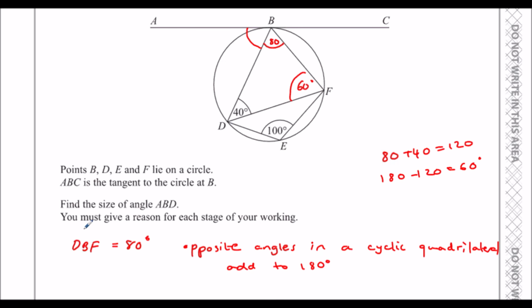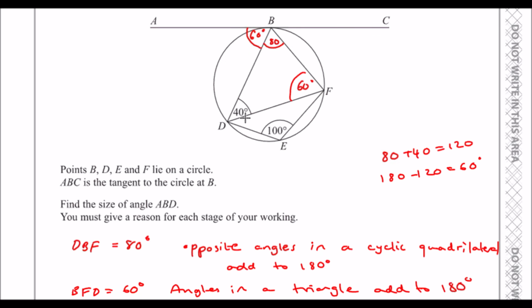So BFD must be 60 degrees because angles in a triangle add to 180 degrees. And now we can say that ABD is also 60 degrees because of the alternate segment theorem.